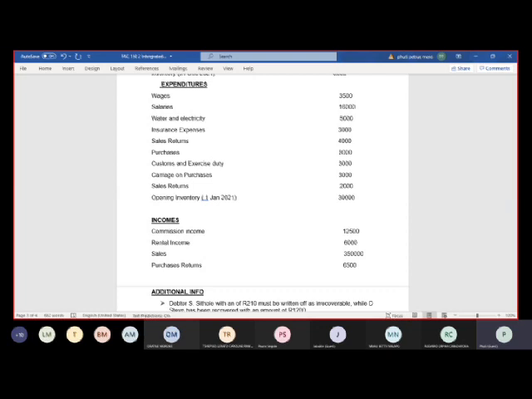How much was the PPE amount? Was it 125,000? Okay, it's 125. Is there any other amount that goes under property, plant, and equipment? We can have inventory, and we can have trade debtors, as you all said. We don't have cash and cash equivalents, right? No, we don't.